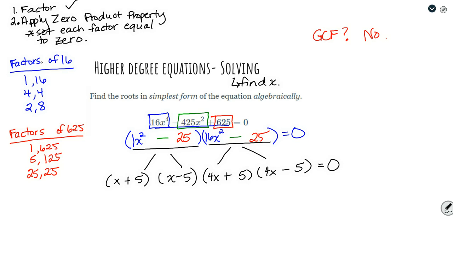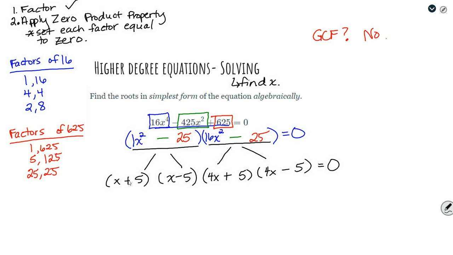Check. Now we have to apply the zero product property, which means set each factor equal to 0. So here's what that means. All 4 of these binomials are being multiplied, and when you multiply them all out, they equal 0. Well, whenever you're multiplying, in order to multiply and get 0, one or more of these is going to have to be 0 itself.